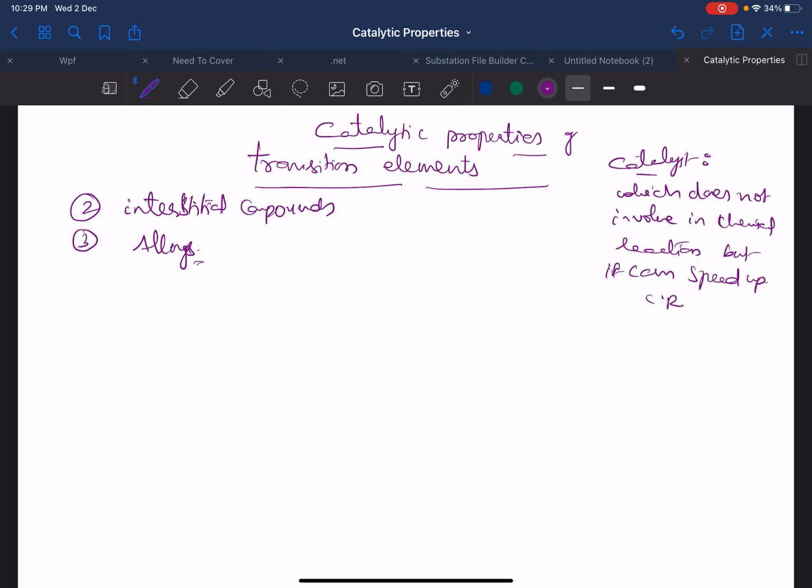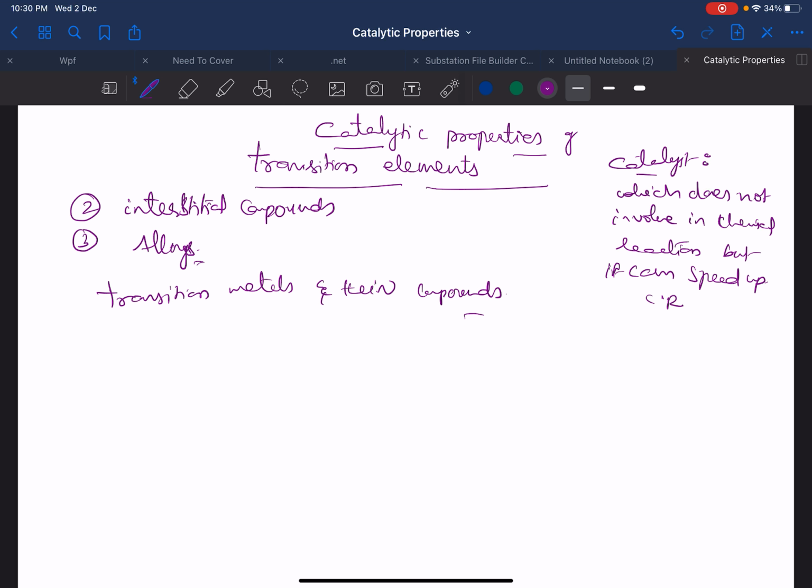First of all, the transition metals and their compounds act as good catalysts. Those compounds may be oxides or sulfides or any other compounds.